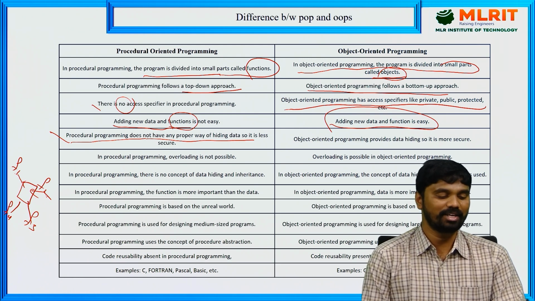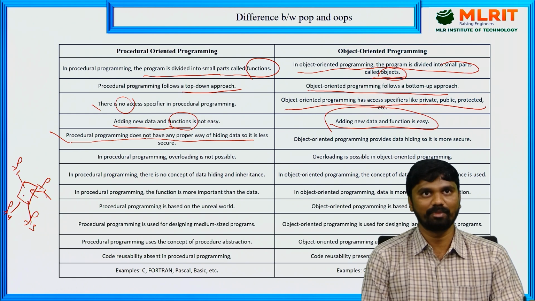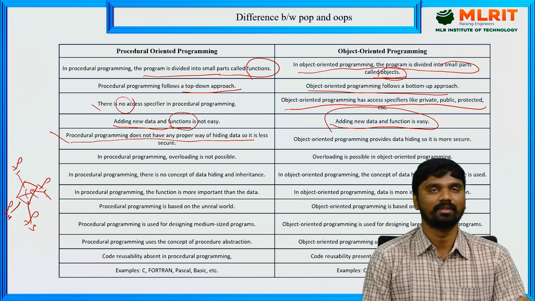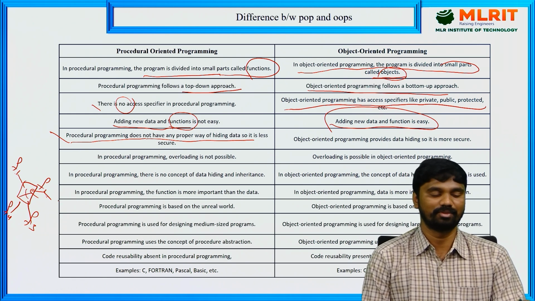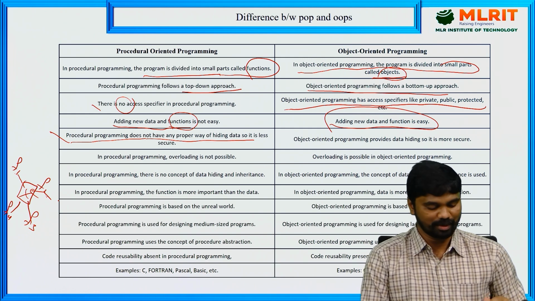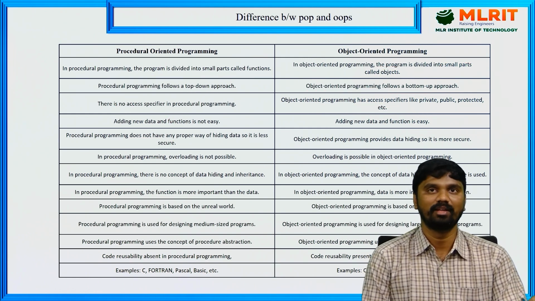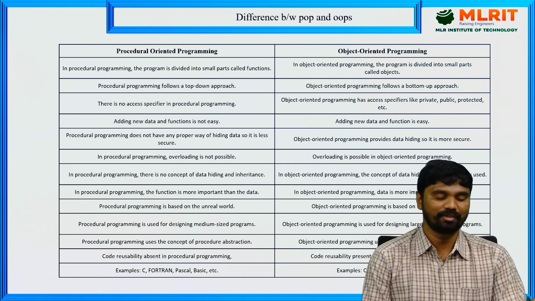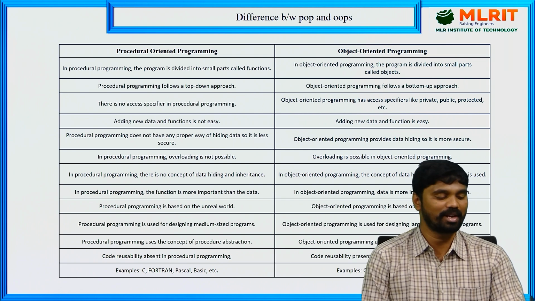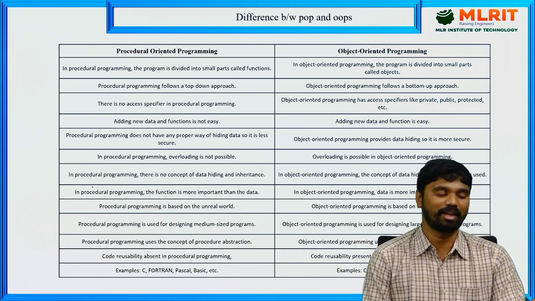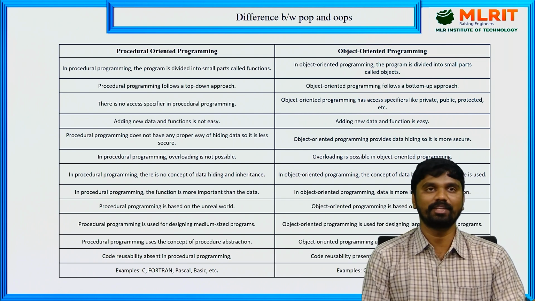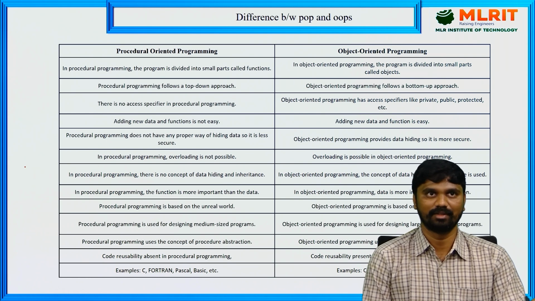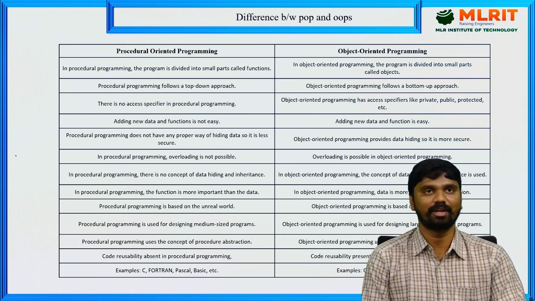So like that, in procedure oriented programming languages we don't have much security for the data, but in object oriented programming language we have security, because there is a data hiding concept, and for everything we are going to create an object.